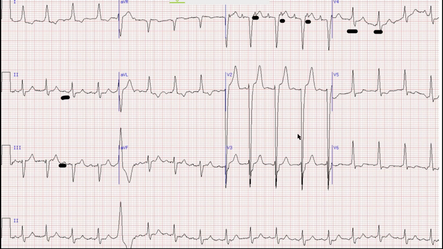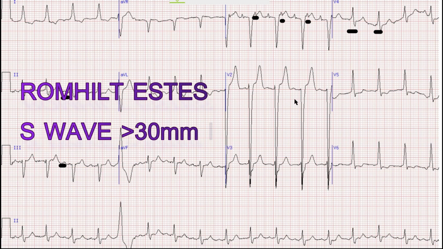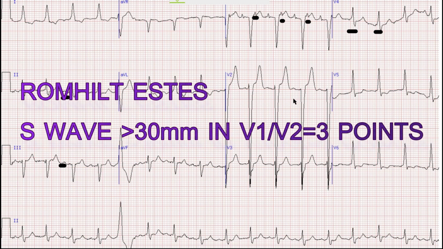Also, you can find that there are very deep S waves in lead V2. So, as you know, as per Romhilt-Estes criteria, any S wave which is more than 30 millimeter in lead V1 and V2 is given 3 points for LVH.